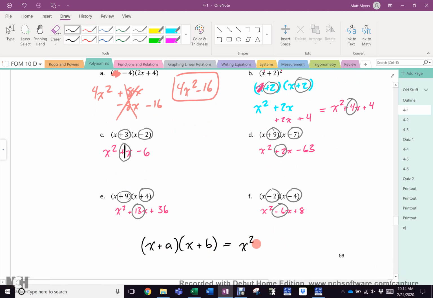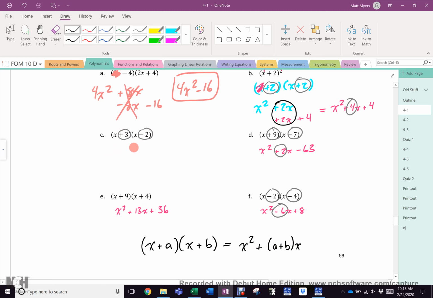X squared plus a plus b with an x, right? Because look what just happened. 9 plus 4, 13. 3 minus 2, 1. 2 plus 2, 4. Because when we do the work, we have to add up those middle terms, don't we?